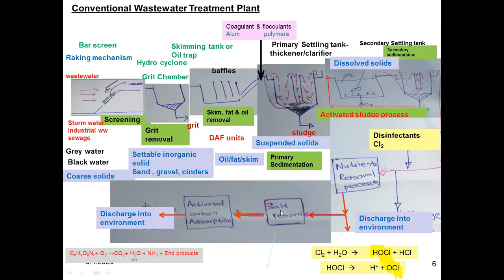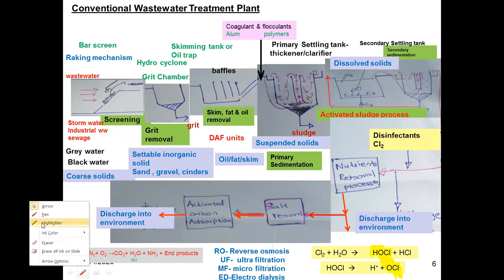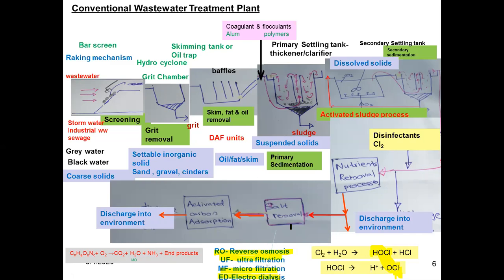If there are some minerals or trace compounds, again we can use salt removal methods. Under salt removal there are many methods: we can use reverse osmosis, ultrafiltration, microfiltration and electrodialysis to remove the minerals or salts.